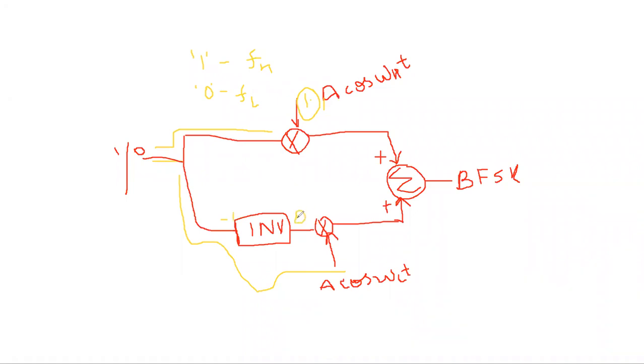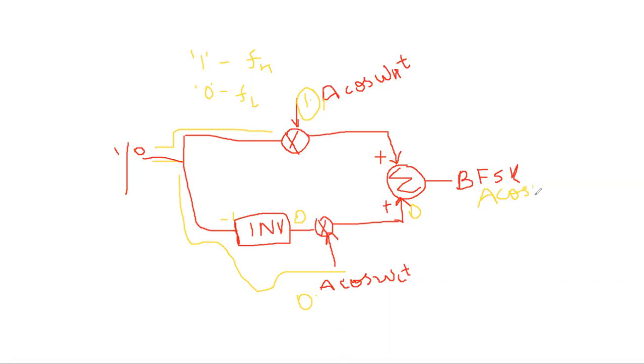We consider this logic 0 as 0 volt, so the second carrier is multiplied by 0 volt, and the output of the second carrier will obviously be 0. So at the output we get a carrier with a higher frequency, A cos of omega HT.